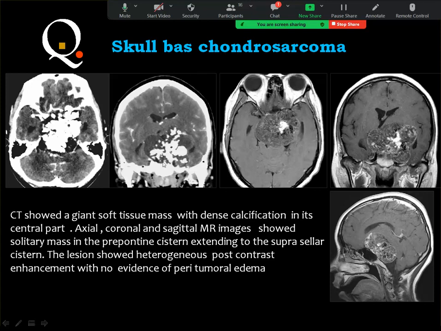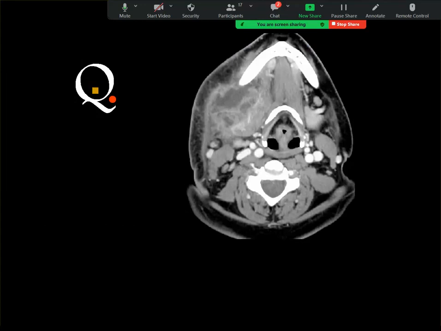Sometimes there is some overlap between chordoma and chondrosarcoma, but chordoma is a little bit inferior, in the region of the clivus, while chondrosarcoma is a tumor of sometimes the middle cranial fossa and sometimes the posterior cranial fossa.